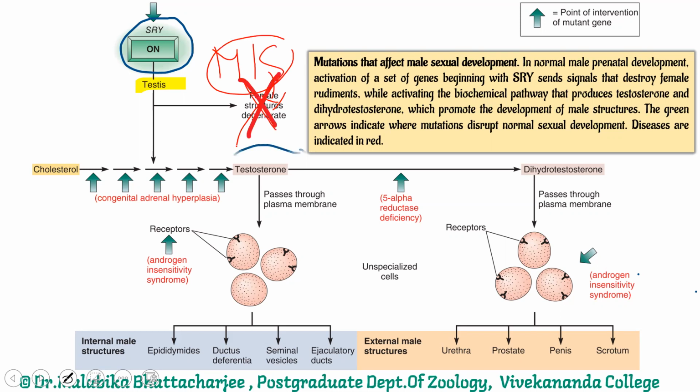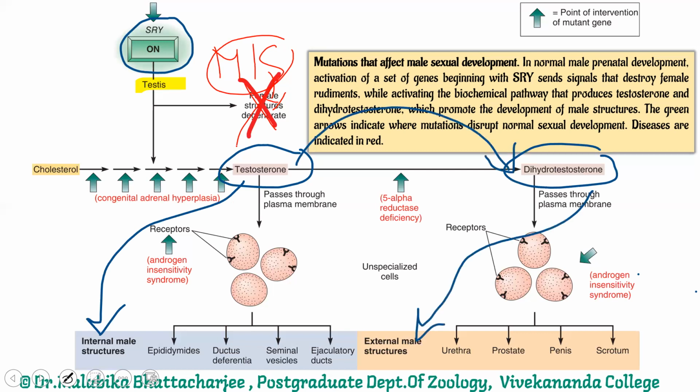Testosterone is secreted. Testosterone helps in the development of the various internal structures, as you can see: epididymis, ductus deferens, seminal vesicle and ejaculatory duct. Testosterone is further converted into dihydrotestosterone, which helps in the development of various external male structures.